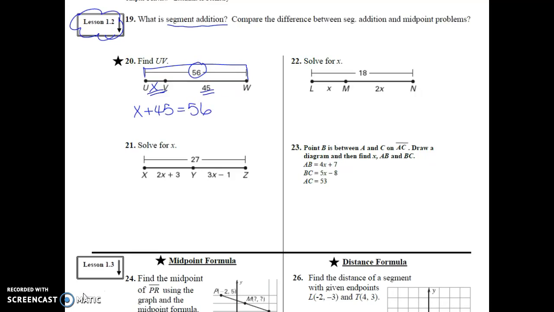So we can find out what the leftovers are. When you get to question 23, make sure that you draw a picture before you set up the problem. You want to make sure that everything is in the right order.